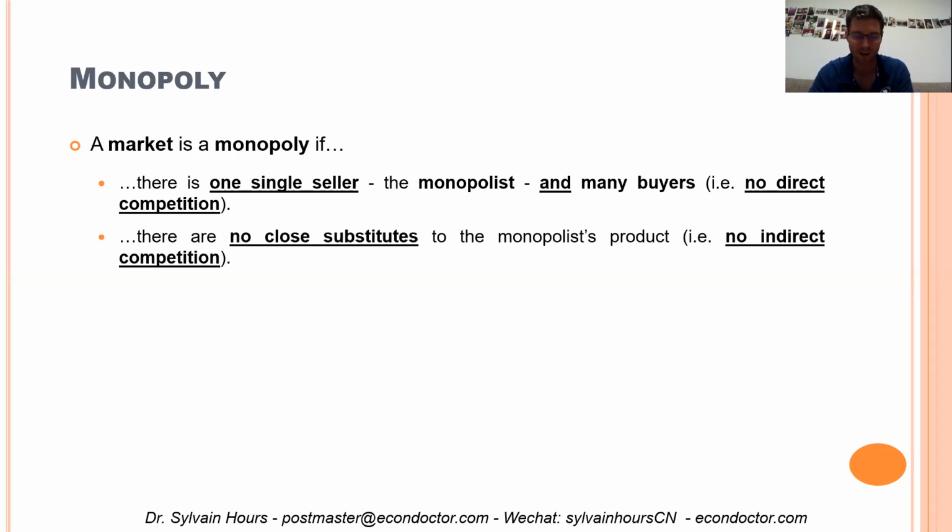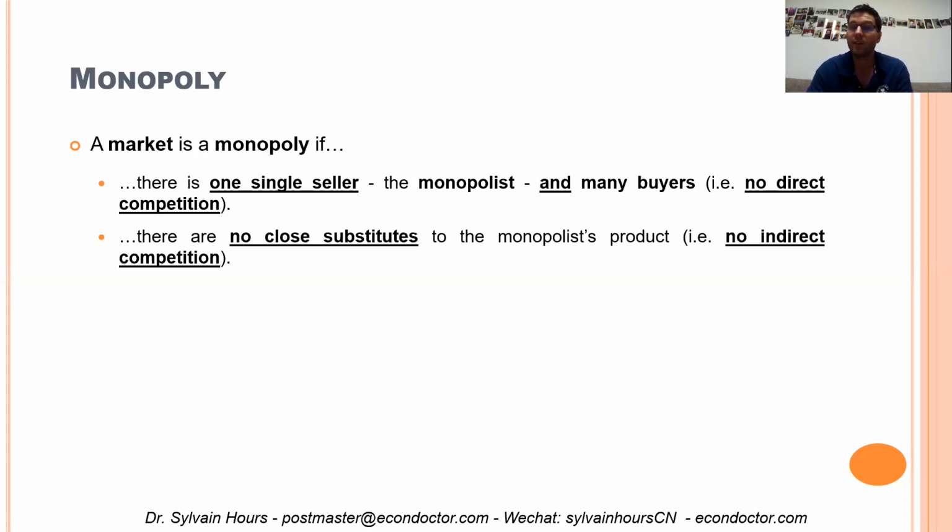It's going to take a very, very long time. The only option that you have, pretty much, if you want to travel from Beijing to Paris, is to take the plane. So in this case, we would say that the airplane has no close substitute.